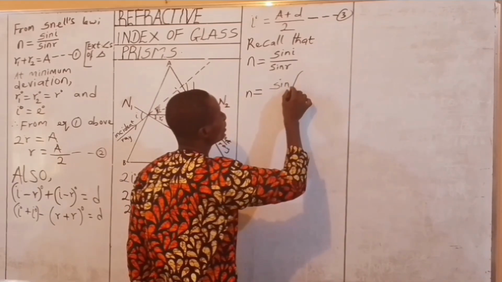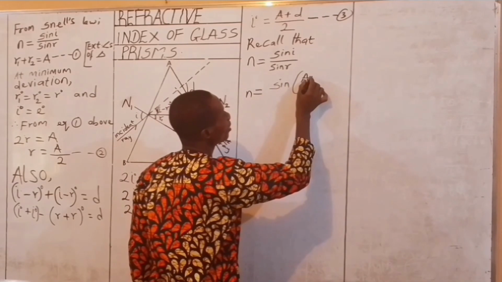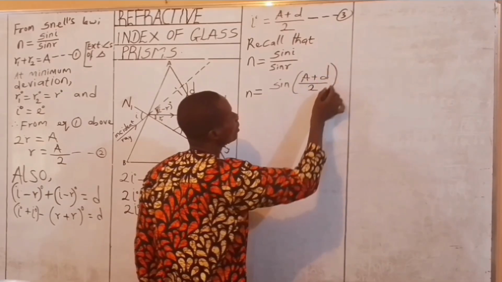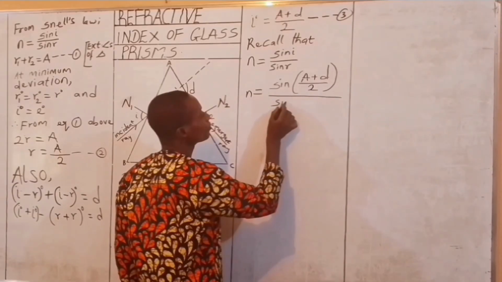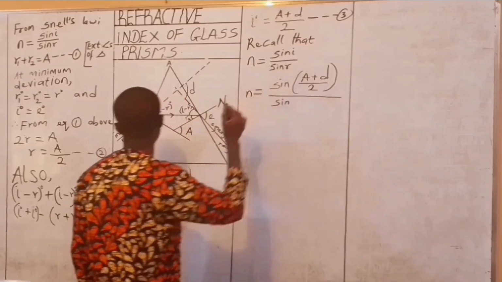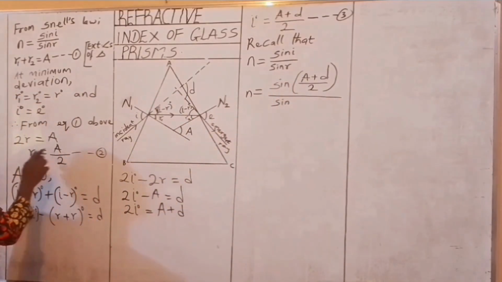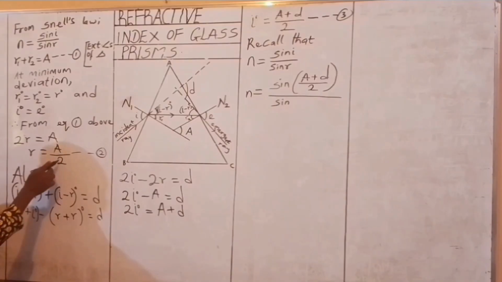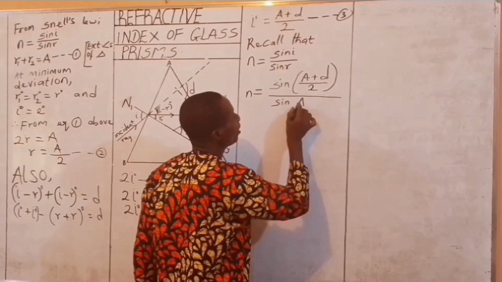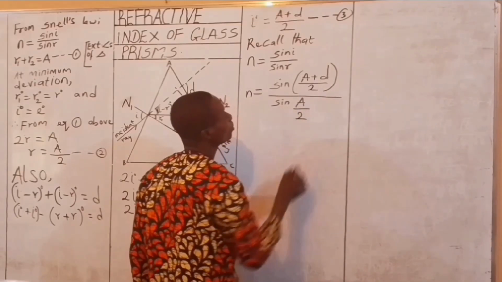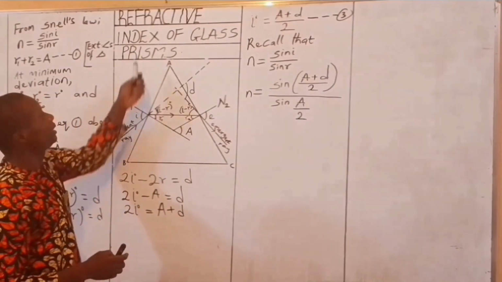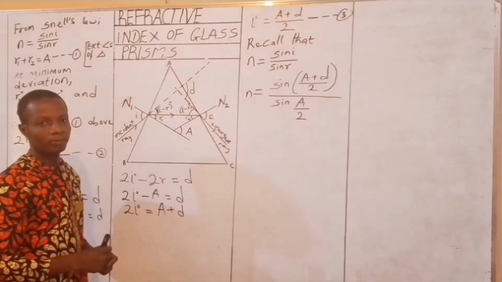So we have sine of bracket A plus D over 2. Then instead of r, come here and replace your r with A over 2. So we have sine A over 2. This is the formula for the refractive index of glass prism.